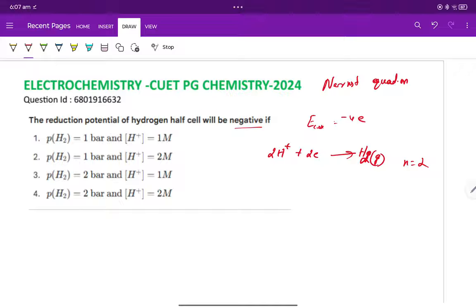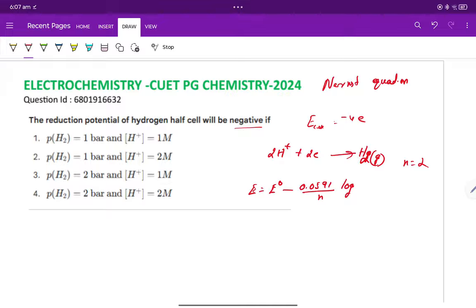If I write the Nernst equation for this one, E is equal to E0, which is the EMF at the standard condition, minus 0.0591 by N log of the products divided by the reactants. What is the product here?